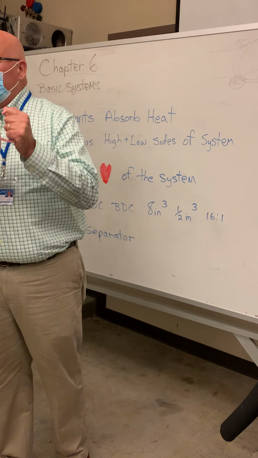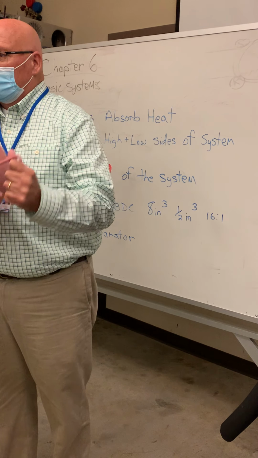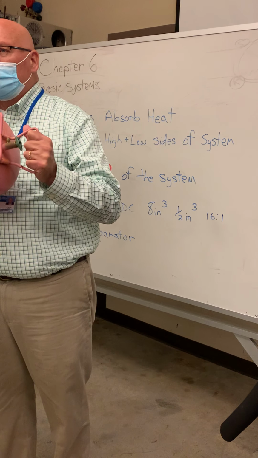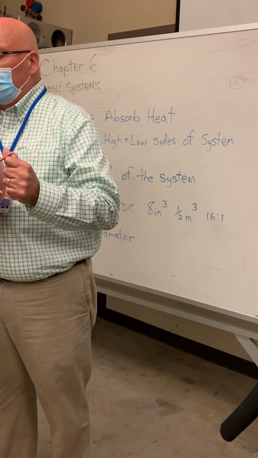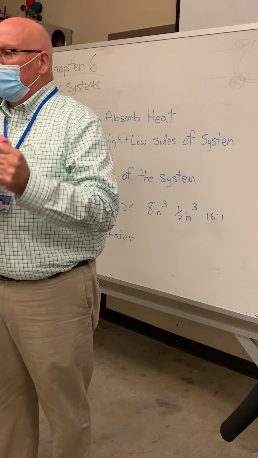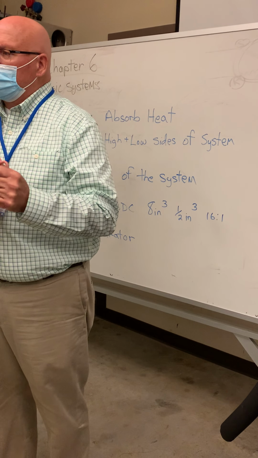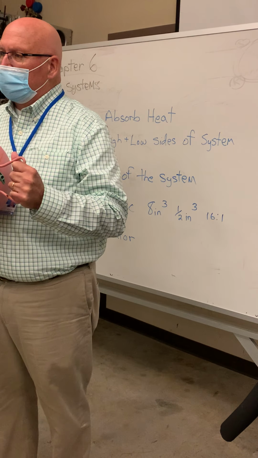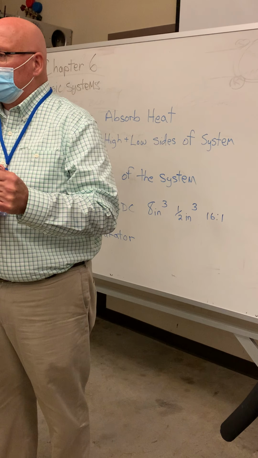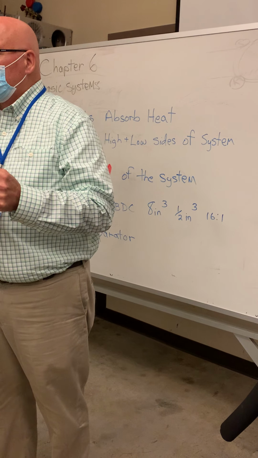So let's say this room right now is 70 degrees. If I want to absorb heat in this room, with the rule being hot goes to cold, what do you think? We're going to call on Anthony. What do I need to do to this refrigerant to make it absorb heat? Like you're saying, just leave it here. Be by itself.